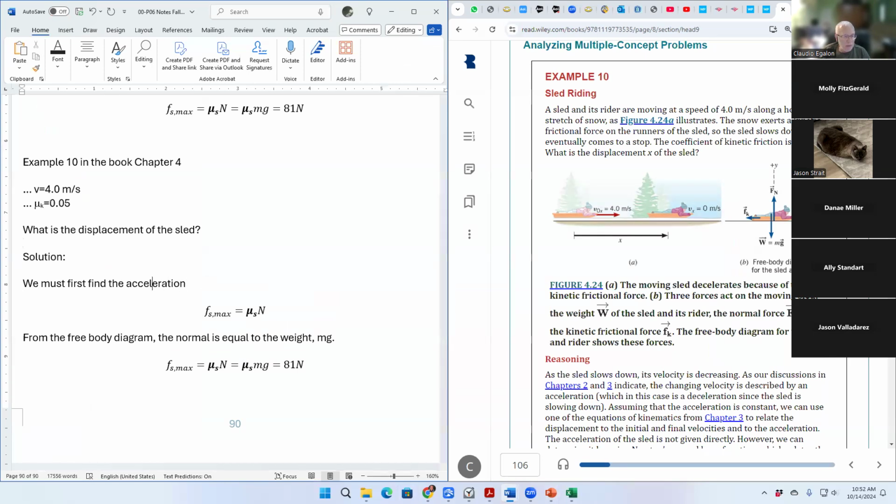Or let's see, not acceleration, but the deceleration of the object. How do we find the deceleration? We find the deceleration by using Newton's second law.